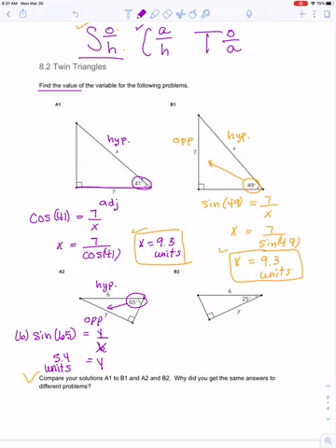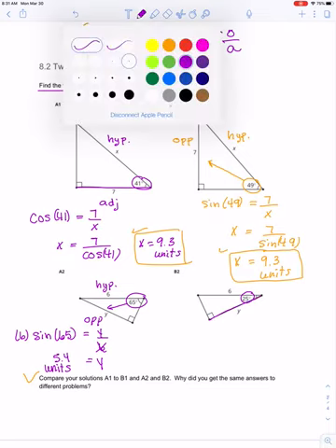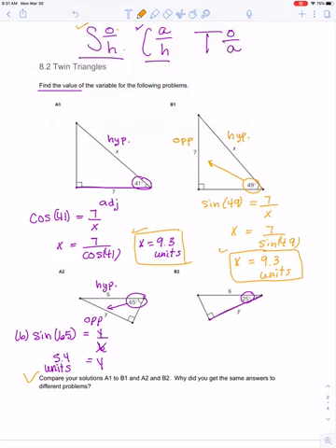Okay, jumping over to B2. Now we're looking at 25 degrees here, but I'm given the adjacent side. So now I'm going to look at cosine. So cosine of 25 is equal to adjacent over hypotenuse. So remember, this is your adjacent. Again, these little notes help make sure you just get everything in the right ratio.